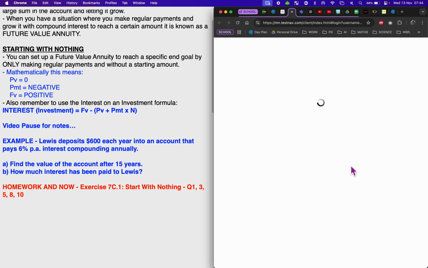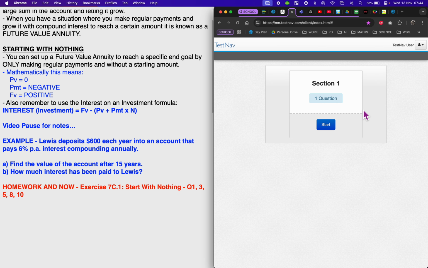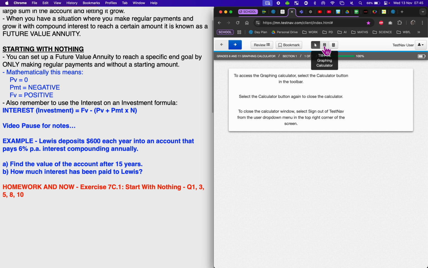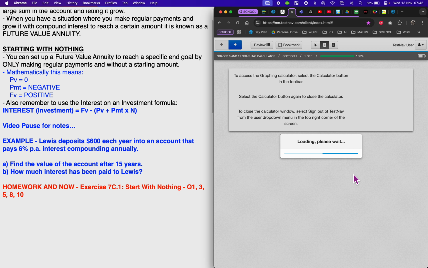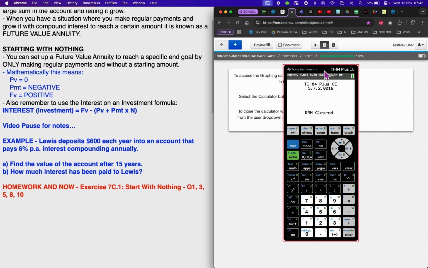You have to let it load, it takes a while. Press start twice. After it's loaded, start again, let it load again. And then you select the middle calculator here, which is TI-84. So on the computer, I can move it around, I can zoom in.